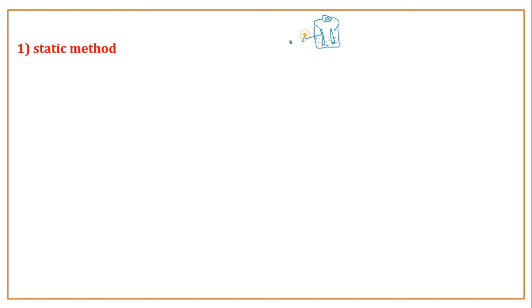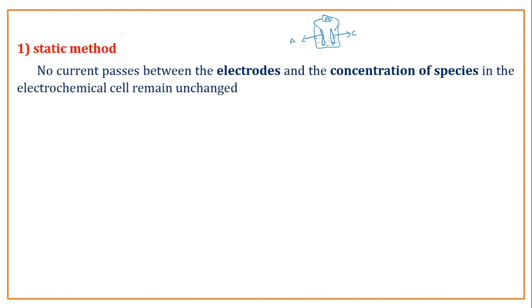This is electrode 1, which you can consider the anode, and this is the cathode. In the static method, there is no passing of current between the electrodes, and the concentration of species in the electrochemical cell remains unchanged. That means the concentration of the electrolyte will be constant. That is called the static method. For example, potentiometry.